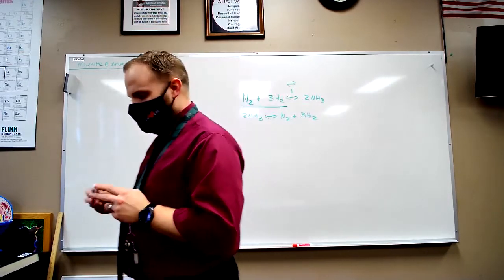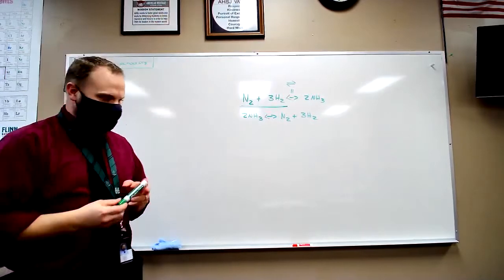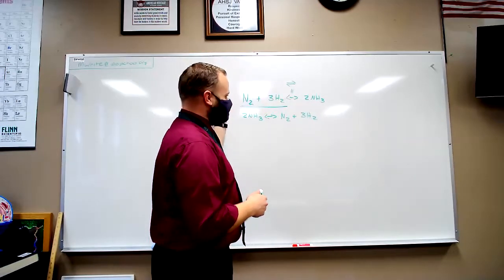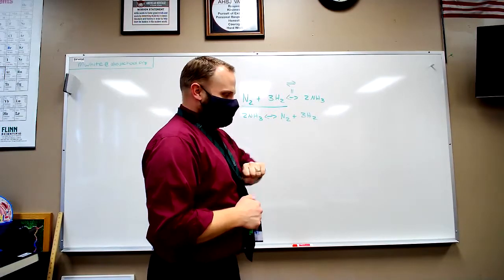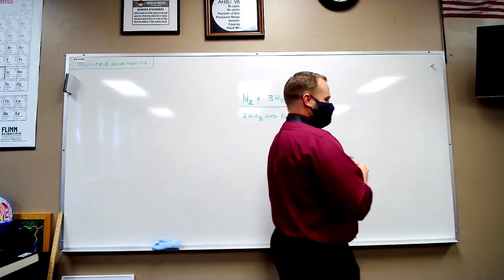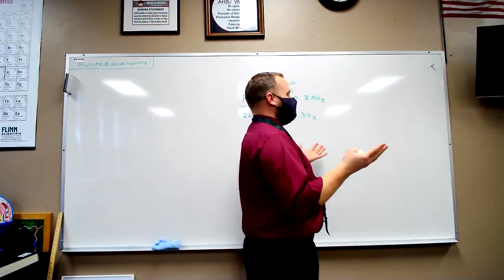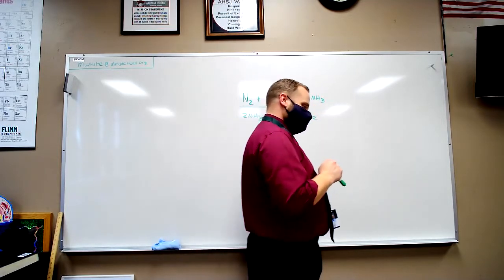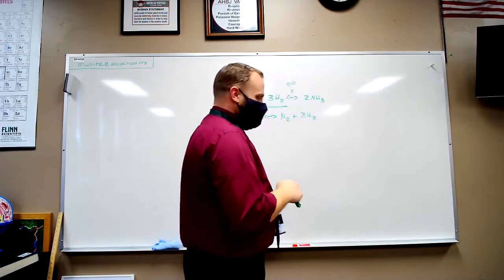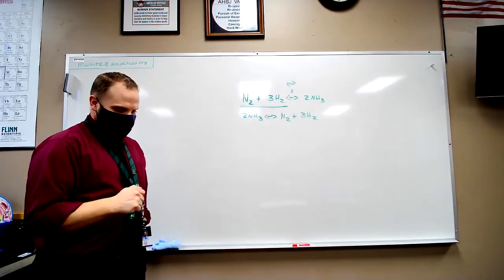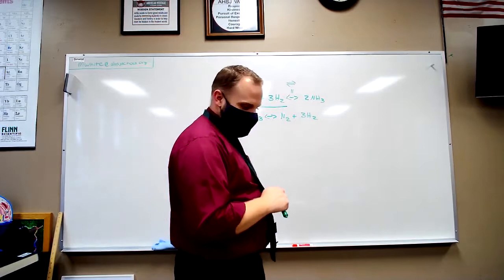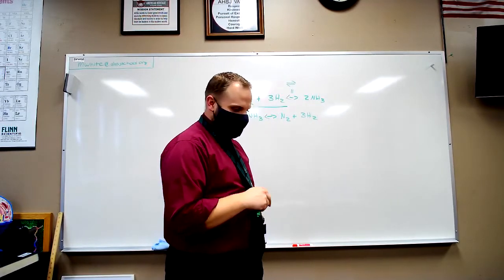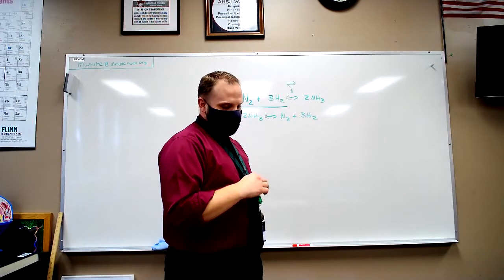Now, obviously, we like to be able to quantify things. We want to be able to say, all right, if we have this equation, this reaction that's going to happen, we want to know, are we going to get a lot of ammonia or just a little bit of ammonia? We want to be able to know that. So we had a couple chemists from Norway, actually, that developed the law of chemical equilibrium.